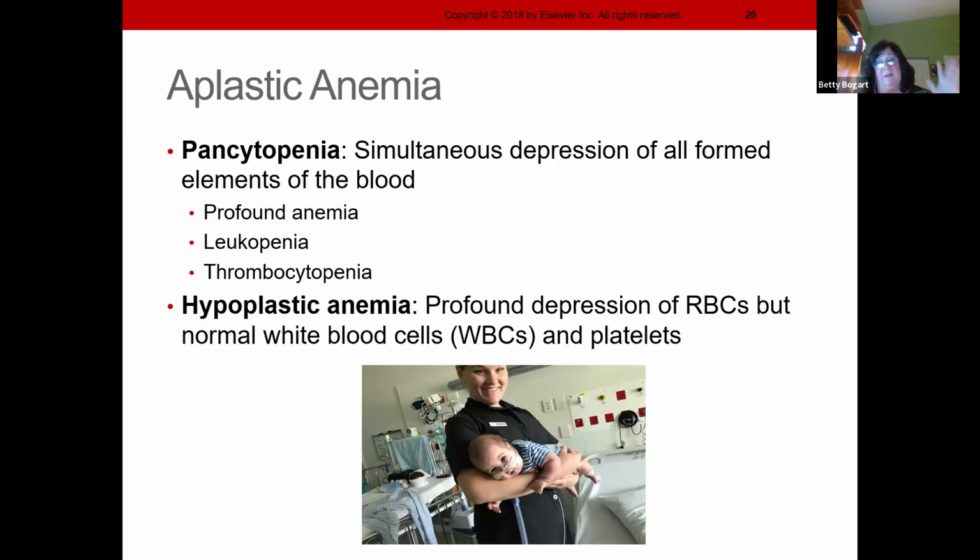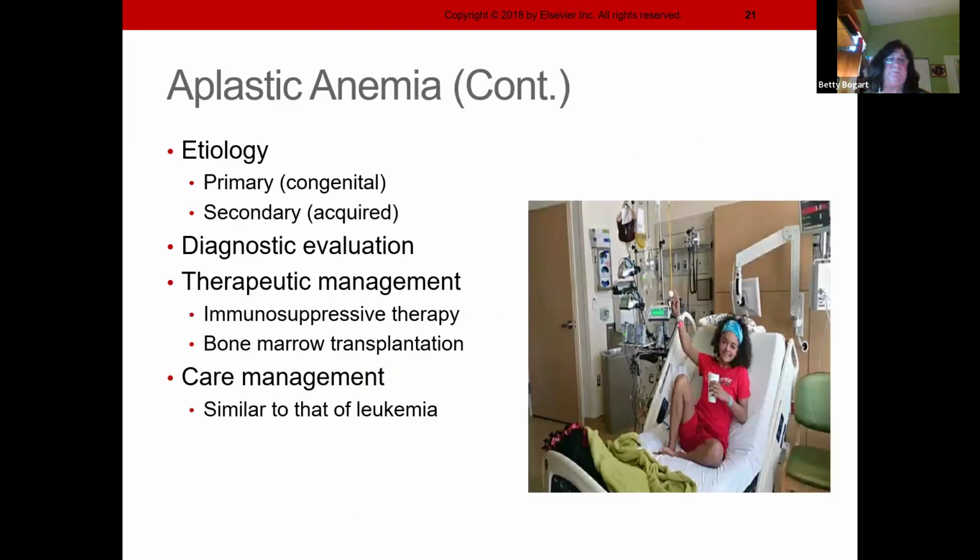So this is, of all of them, something that affects everything. It's not just red blood cells bursting, it is a lot more. We treat this actually like a leukemia, and we give them immunosuppressant therapy and we give bone marrow transplants. And hopefully we can get it under control.